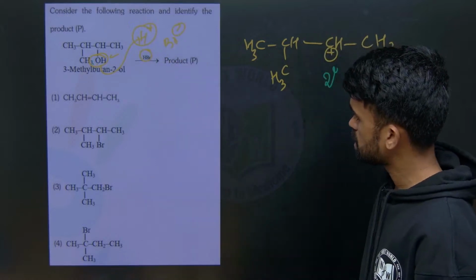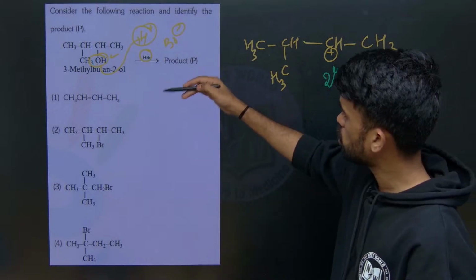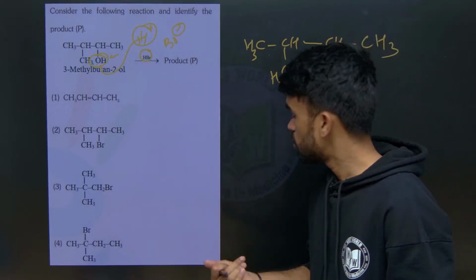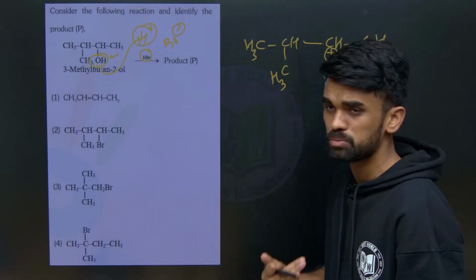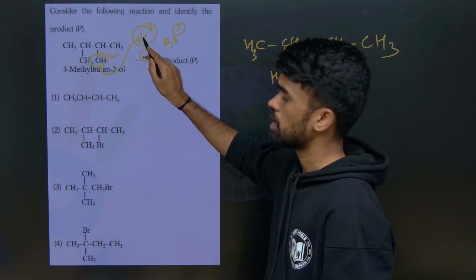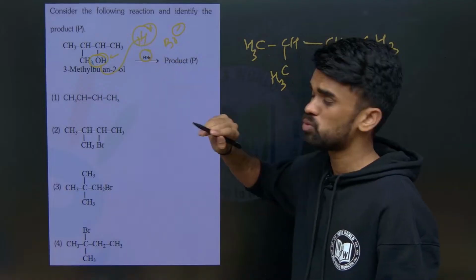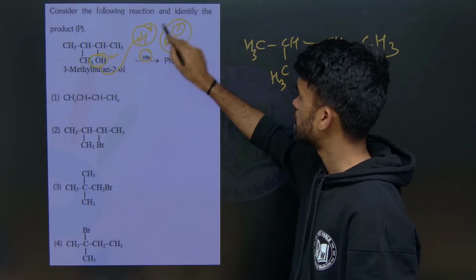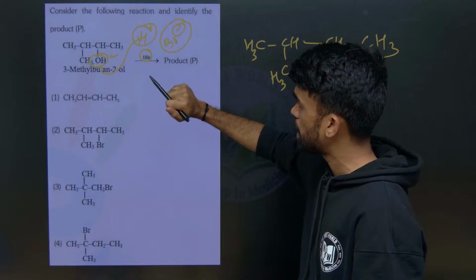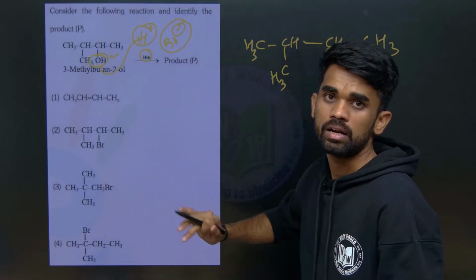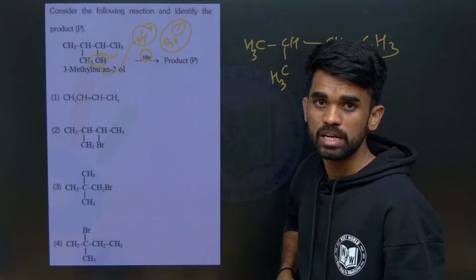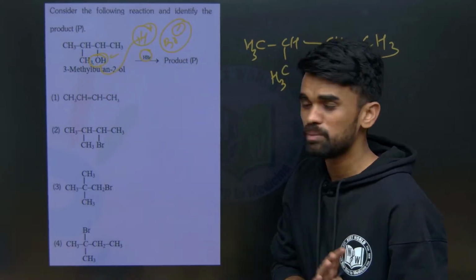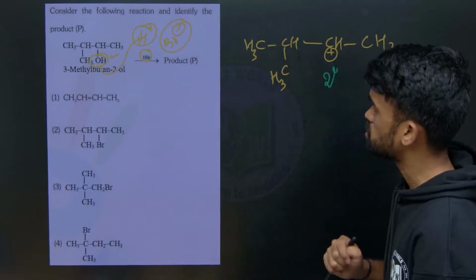There is no proper eliminated product, so you should not get any confusion regarding addition, elimination or substitution. OH minus and H plus are removed as water and we are remaining with Br minus. If we consider this as a base, there is no appropriate eliminated product when we remove one proton from the beta position. So that is not an elimination reaction, it is a substitution reaction.